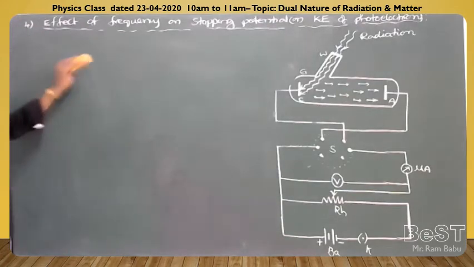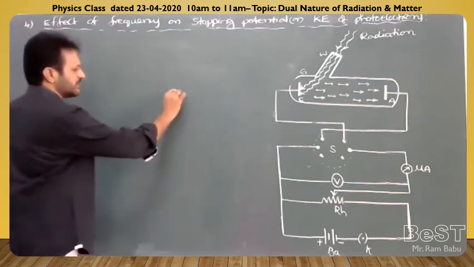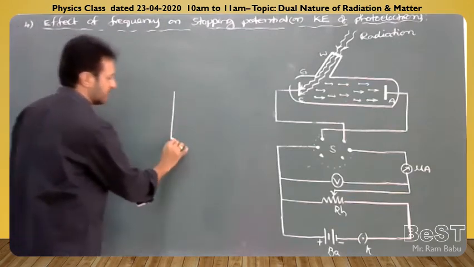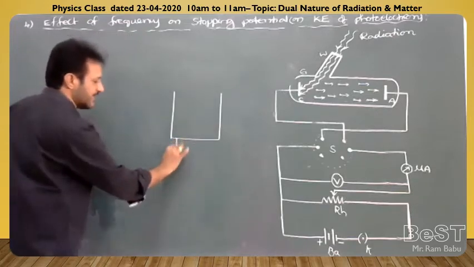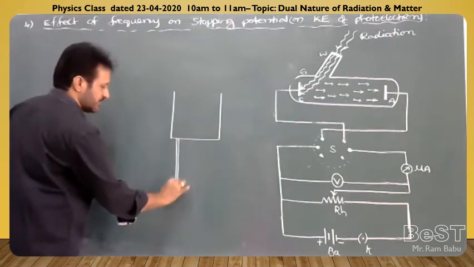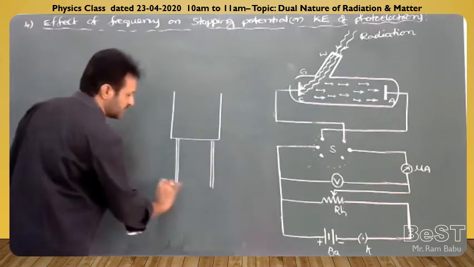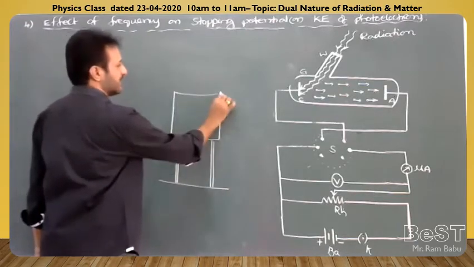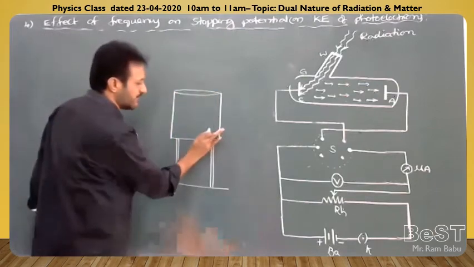For this, there is one interesting thing you have to understand carefully. For example, I'll select a simple tank like this. One overhead tank I am choosing, at a certain height from the ground level. So it is a tank, and to get the water outside, there is a small opening here like a tap.